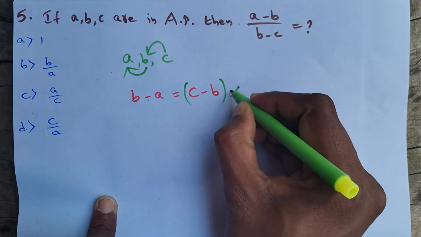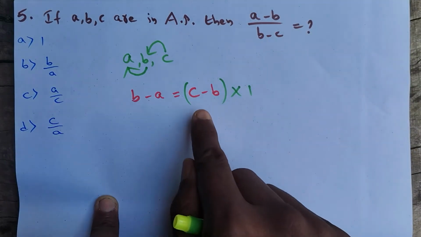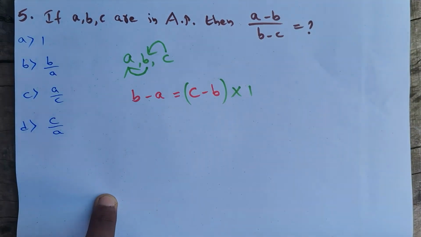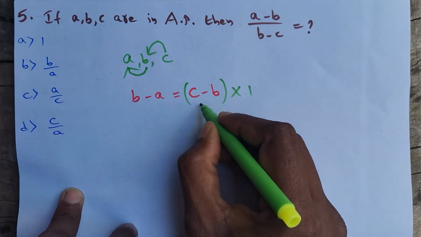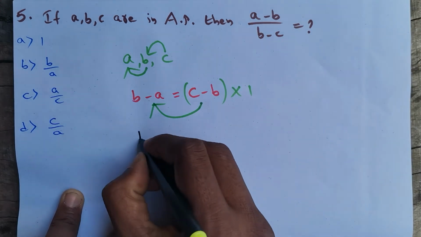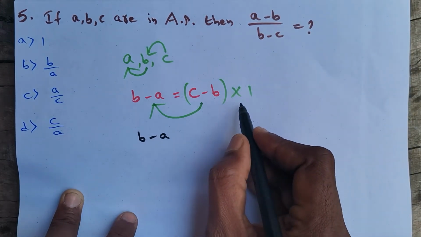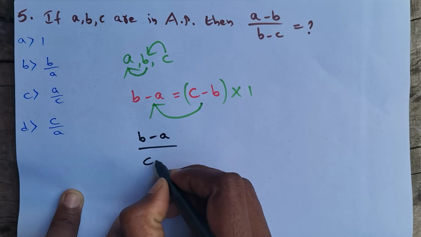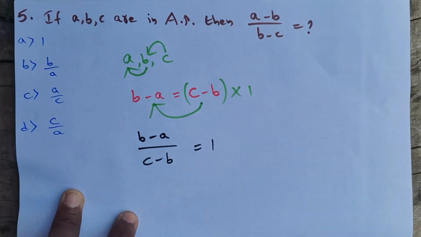This total C - B I will multiply with 1, because C - B into 1 is also C - B only. Now I will take this C - B to the left side. (B - A) and (C - B) is multiplication. If we take it to the other side, it will become division. (B - A)/(C - B) = 1.